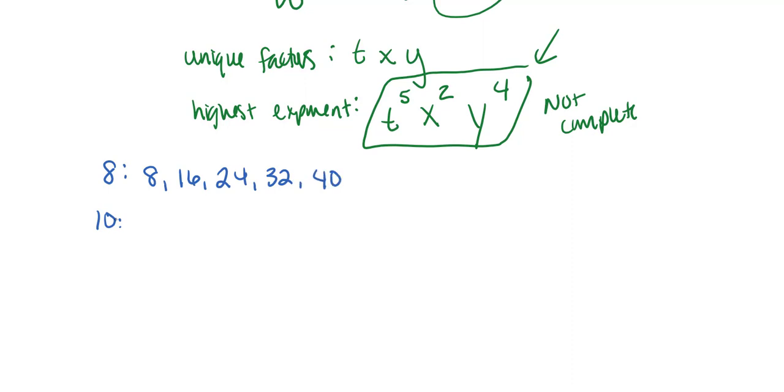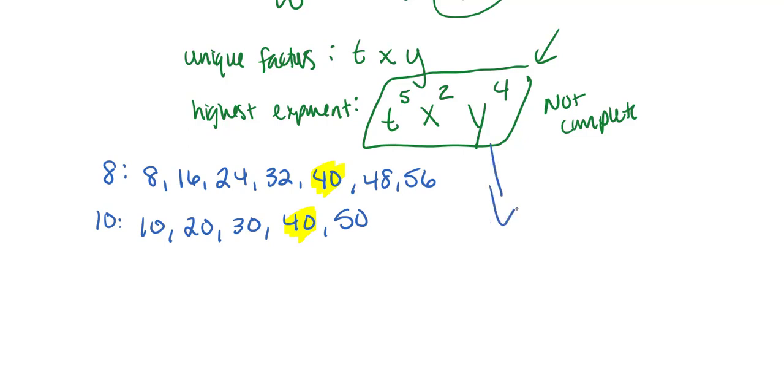Let's see if we have anything there. Or let's go up to 48, 56. Now let's do 10: 10, 20, 30, 40, and 50. Notice we can just stop because 40 is going to be our first number that is common between these two numbers. So 40 is our answer for this.